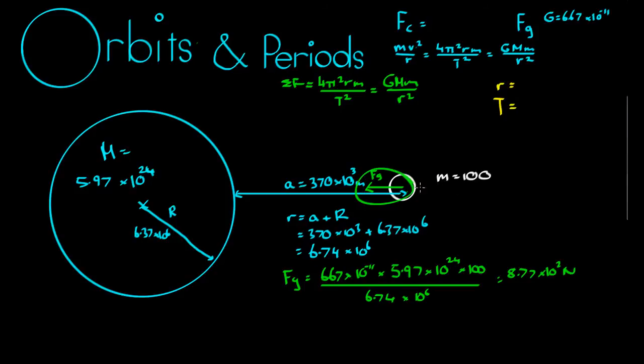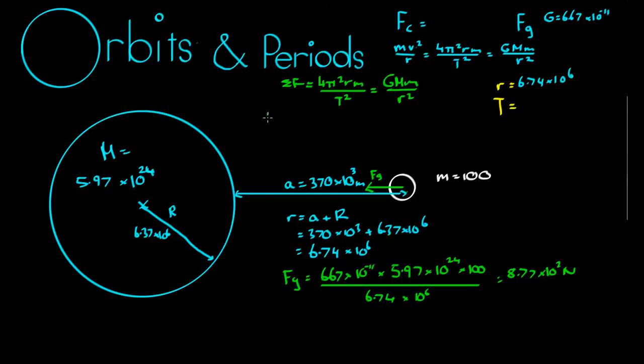Since this is the only force acting on the object, and we're assuming that it really is moving in a perfect circle, it must also obey this formula here. So R was equal to 6.74 times 10 to the 6, and now we use this formula here.